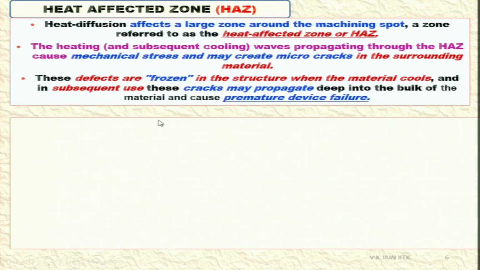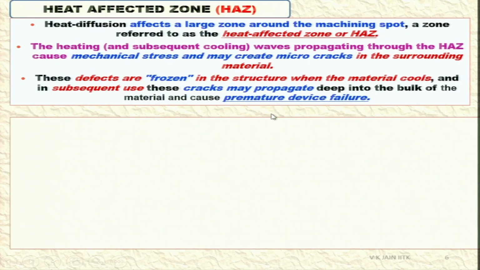These defects are frozen in the structure when the material cools, and in subsequent use, these cracks may propagate deep into the bulk of the material and cause premature device failure.